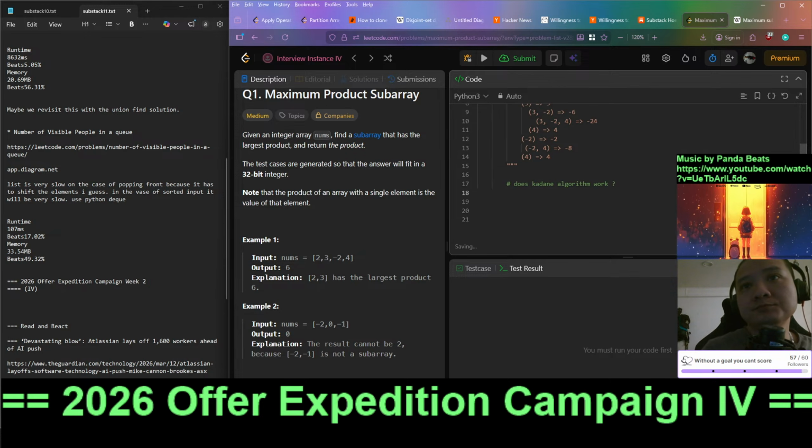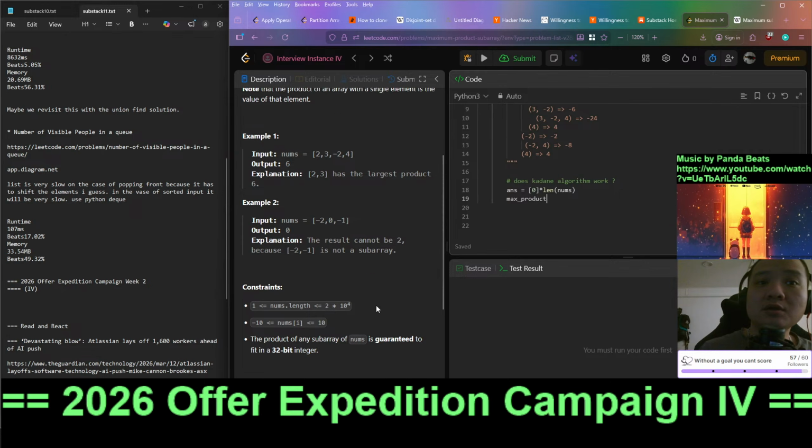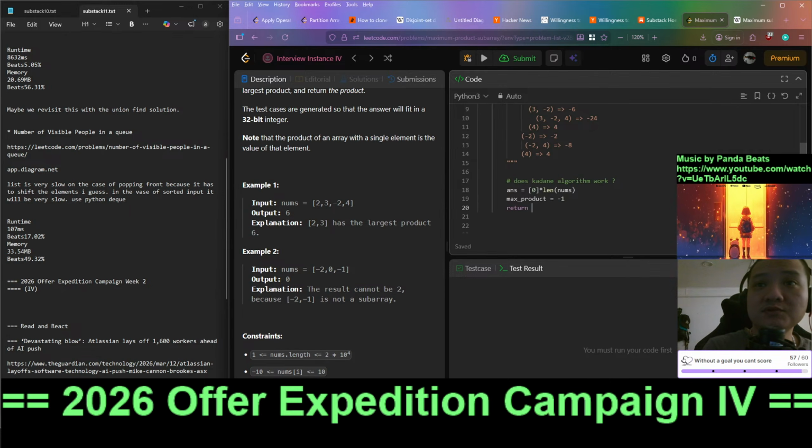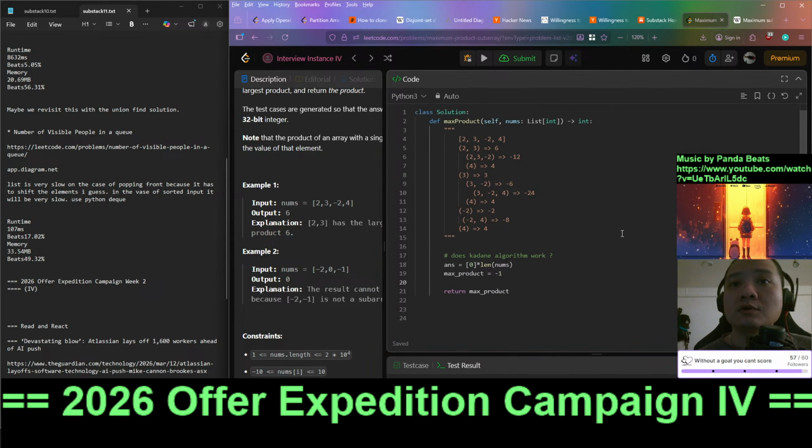Okay, so basically we would have product gonna be 51 10 max. Okay. So basically for i in range of nums, right?